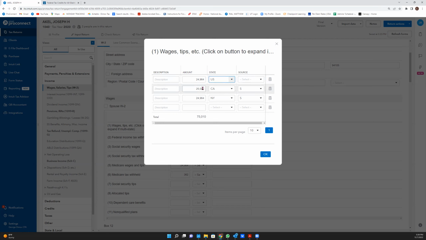But for California and for New York, once you input, you must select that the source is state only. Otherwise, it will add up state wages to the federal wages, and you're going to have total wages of 75, and that is going to be incorrect, because the amount of federal wages should only be what is shown in W-2.